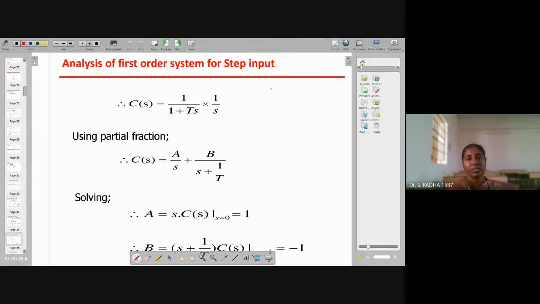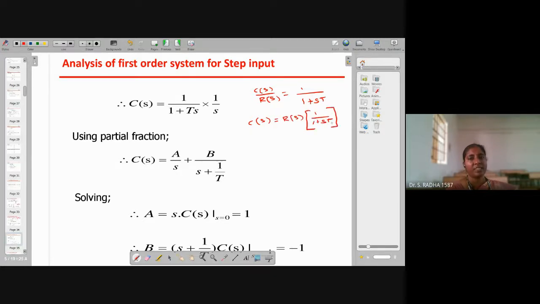Generally, we have C of s by R of s, which is 1 by 1 plus sT. This is the closed loop transfer function. If you want C of s, it is nothing but R of s into 1 by 1 plus sT.